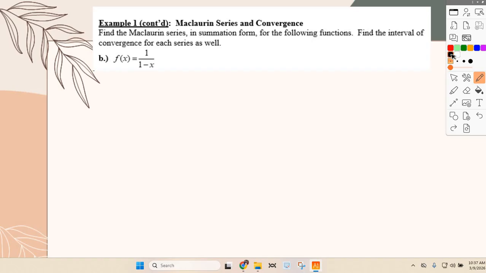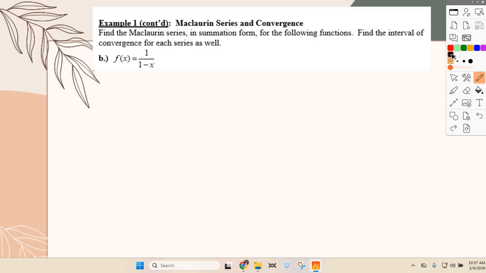I would say we usually want to start with like 3-ish, because at the end of the day, it's asking for summation form, which means I just need to be able to see the pattern so that I can write it out in its general form. Does that make sense? I would say with just 2 derivatives, you might not be able to see it, so I'm usually going up to 3. If you can't see it just from that, that's maybe when you would add in more if needed. Are we all with me there?